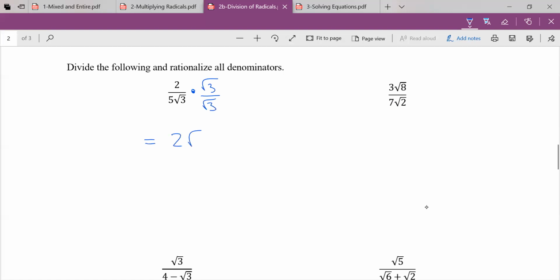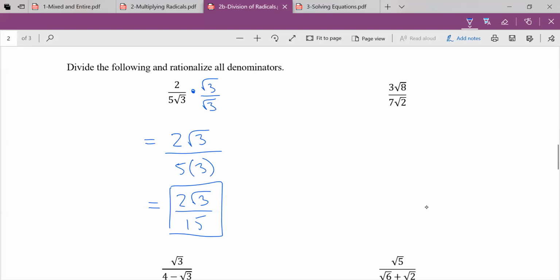This will be 2 root 3, and then 5 times root 3 times root 3 is the square root of 9, which is just 3. What I end up with is no radicals in the denominator, and I end up with 2 root 3 over 15. So nothing to divide on that one, just to rationalize.